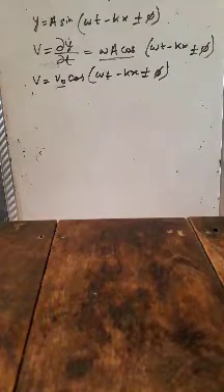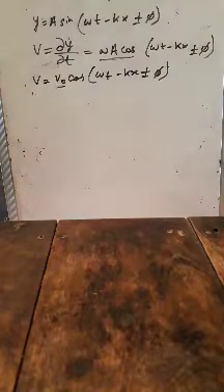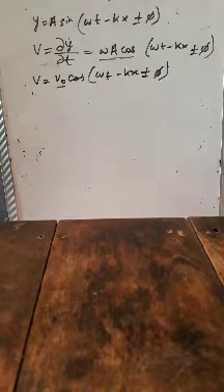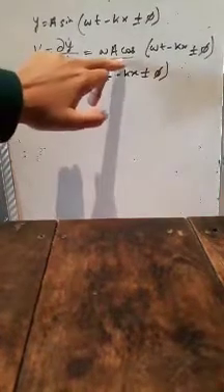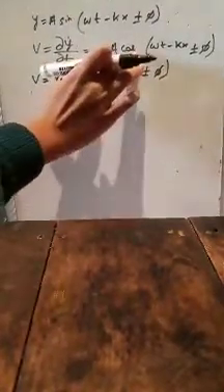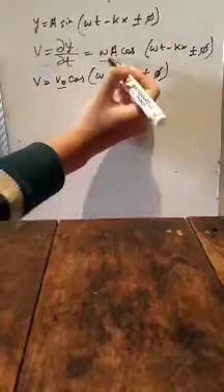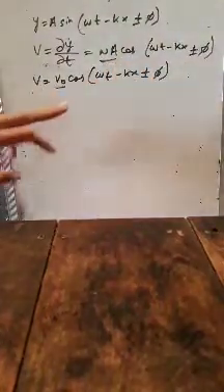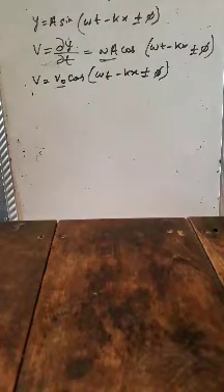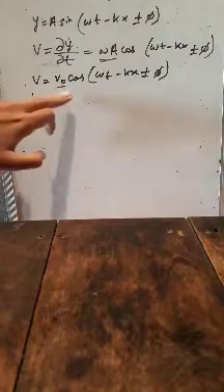The maximum velocity of the particle is plus minus omega A, or plus minus V naught. Plus minus omega A we have assumed to be V naught. So the maximum velocity of the particle is plus minus omega A, that means plus minus V naught.